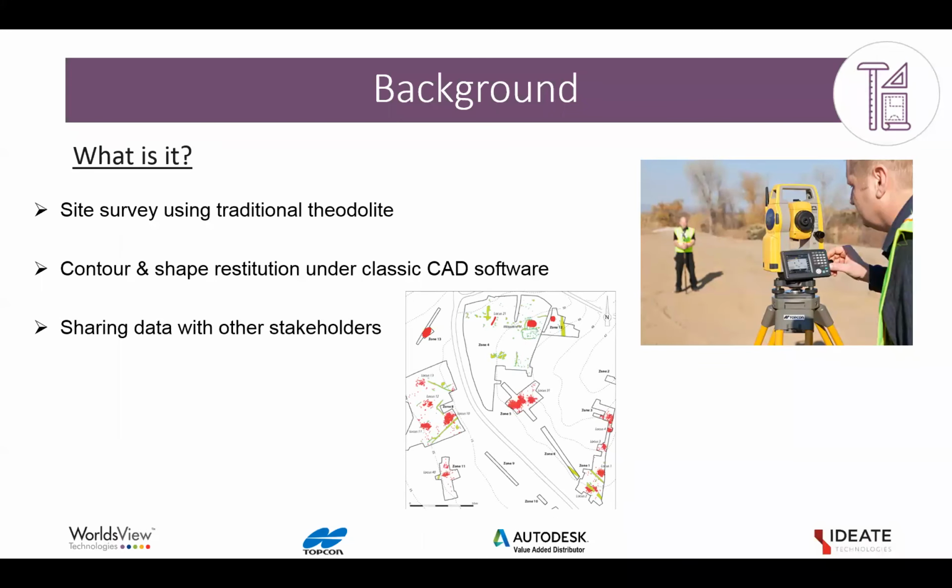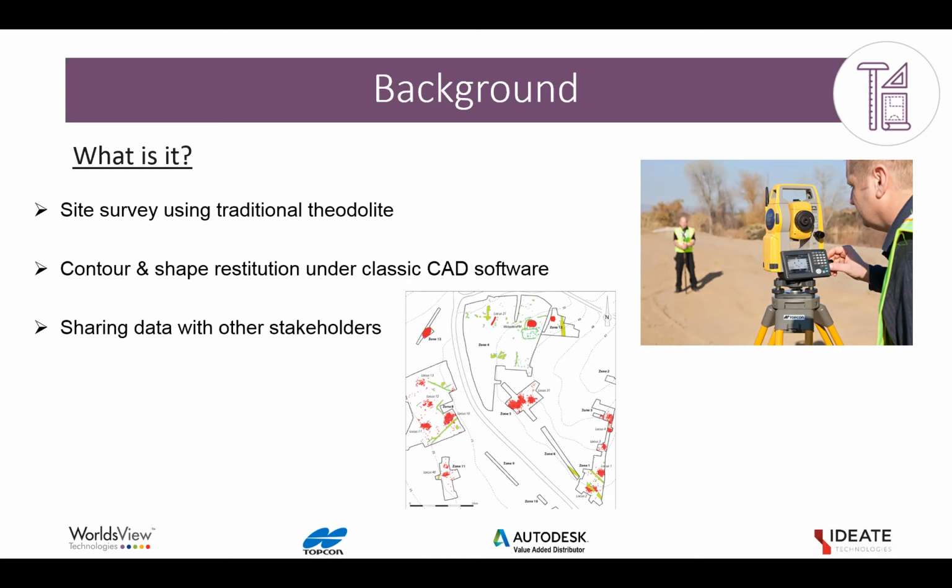So what we want to really talk about in this webinar is surveying a site using traditional equipment: theodolite, levels, and other equipment. And as you can see, we need 2 operators at least in order to do the surveying. And we need to represent all these contours and shapes in a CAD solution, for example, AutoCAD or any other CAD solution.